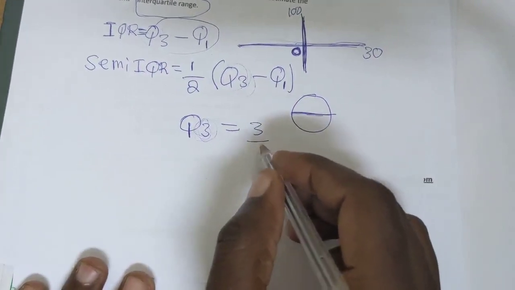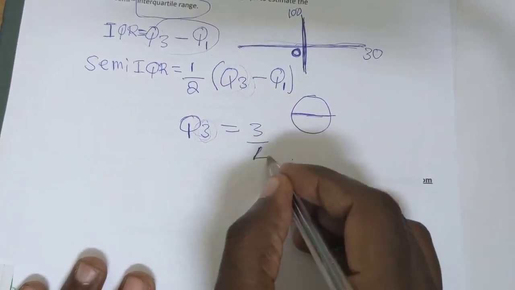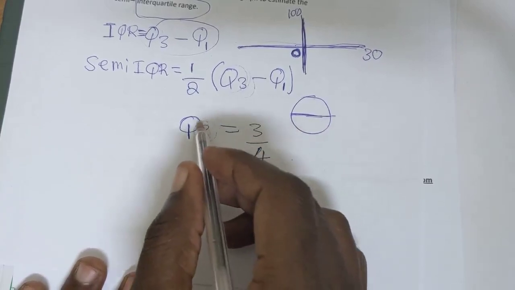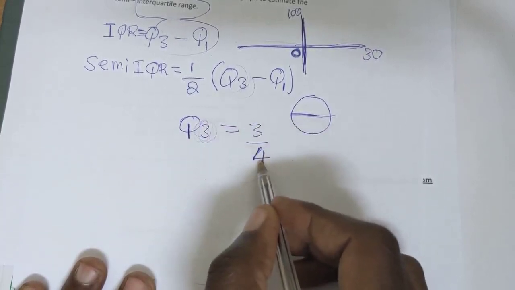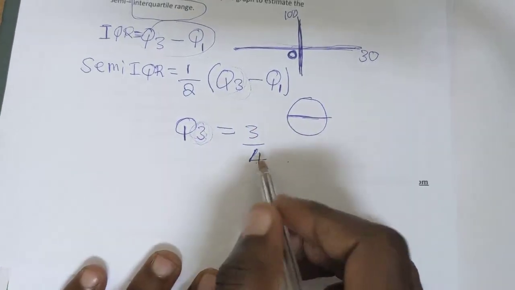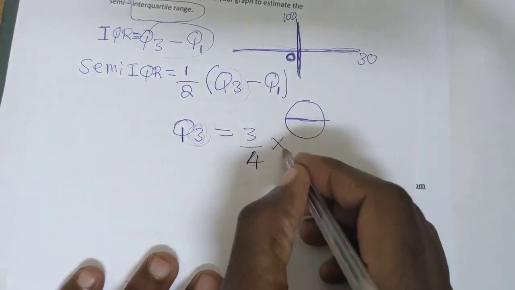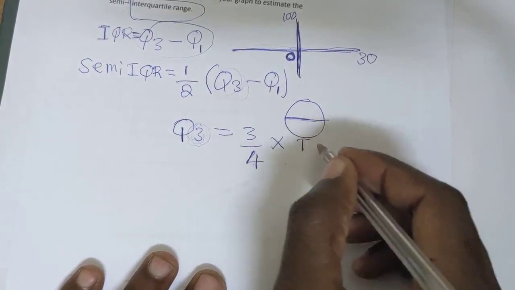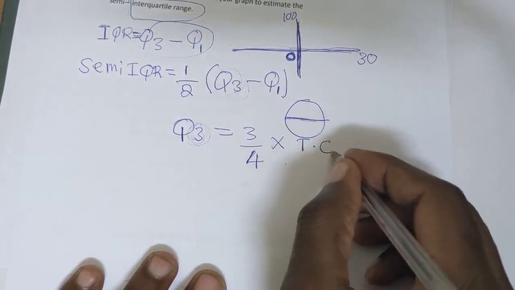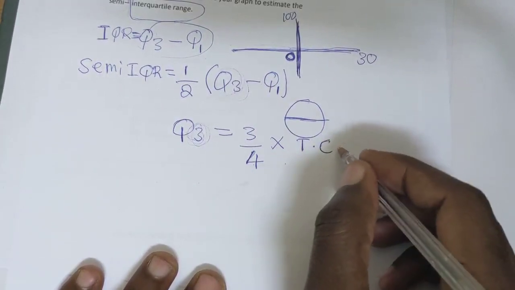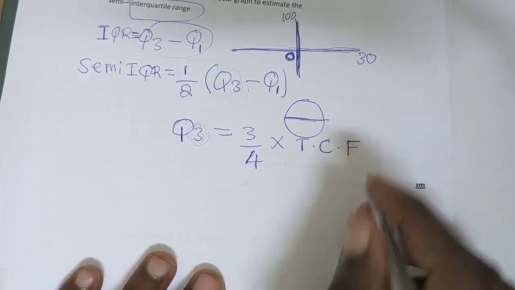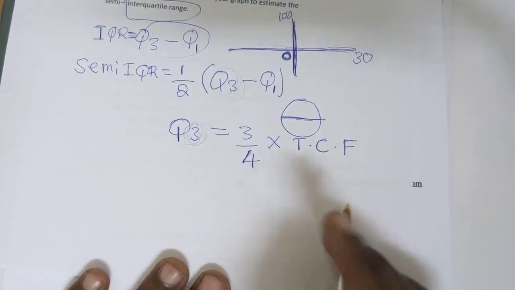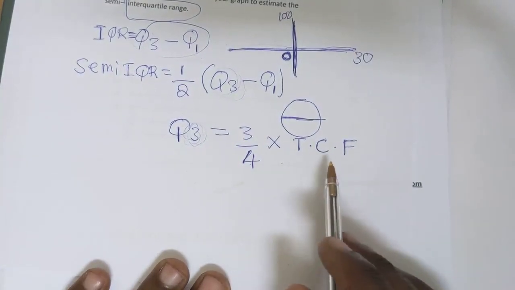Always it is over 4. You should be putting over 4. So you get this 3, then you put over 4, multiplied by the total cumulative frequency. Okay? Total cumulative what? Frequency. What is the total cumulative frequency?